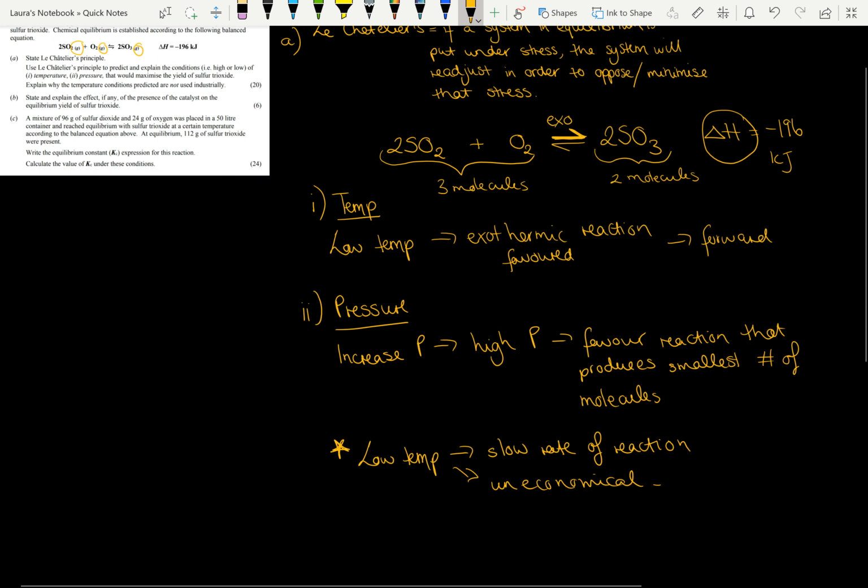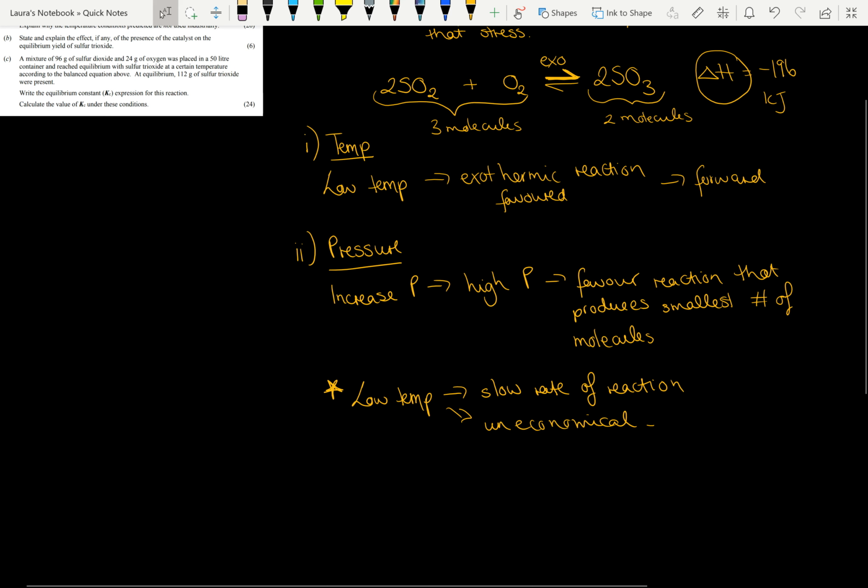Part B then asks us to state and explain the effect, if any, of the presence of the catalyst on the equilibrium yield of sulfur trioxide. So we know a catalyst will not affect the yield.